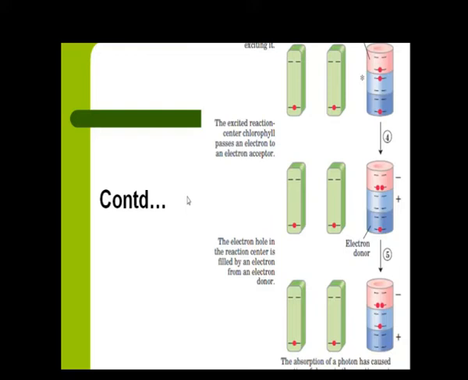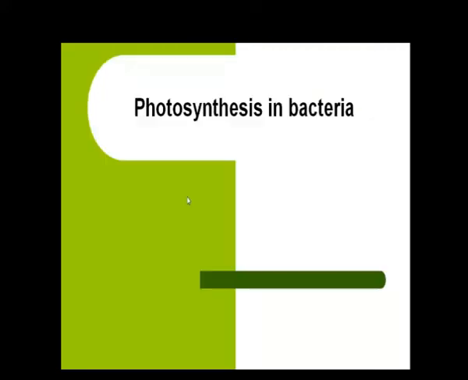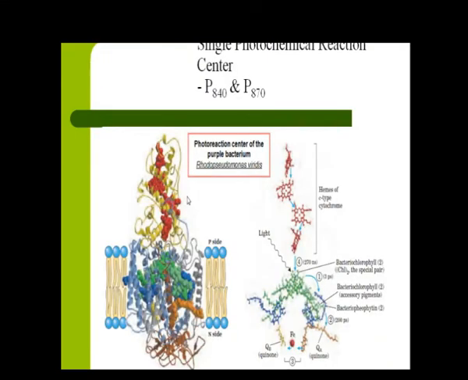This is the process of photosynthesis. In plants we have P680 and P700, right? P700 is photosystem 1, P680 is photosystem 2. Bacteria are slightly different. They have P840 and P870.